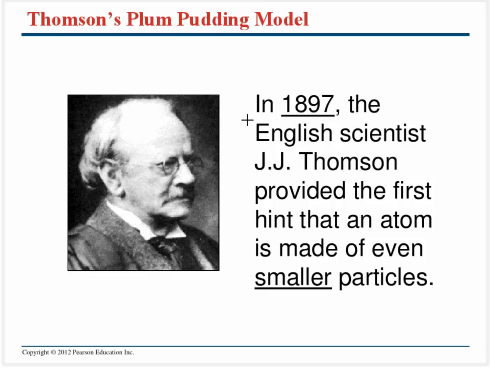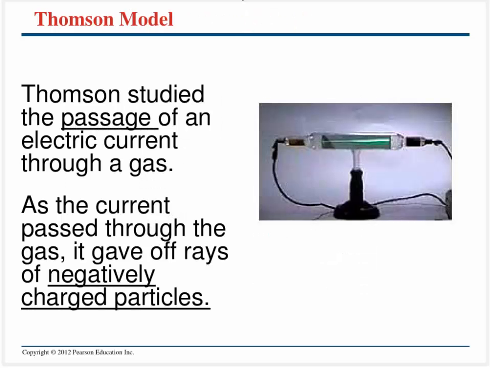However, in 1897, this fellow by the name of J.J. Thomson was performing some experiments that had nothing to do with atoms, but was the first hint that the atom was made up of other particles. What he was doing is he was studying electrical current going through a gas with something like this, where we had an anode and a cathode and just a tube full of gas.